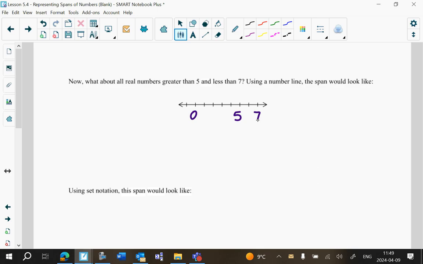Start at the 5. Open circle, or hollow circle, and then it's going to go to the right. But stop at 7, so I don't need an arrow. And what's happening at 7? Do I include it? No, so I put another open circle, but I connect them. So it's going to look like that.